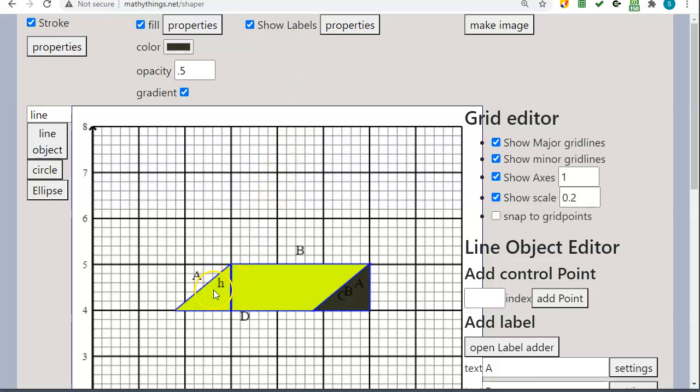Again, let's pay attention. The height is here. The height has got to be perpendicular to the base, meaning at 90 degrees to. Whereas this is just a side length. So we need this length here and this height here, the perpendicular direction to the base. Okay?